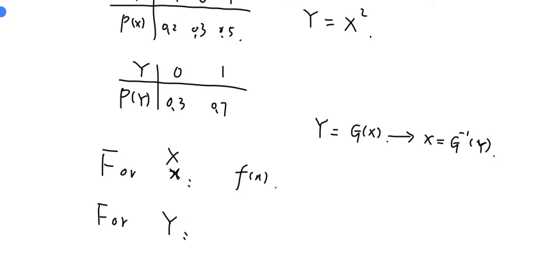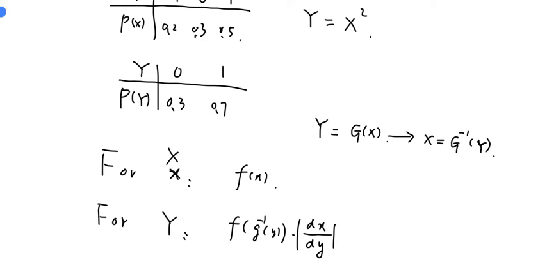So the density function for Y is just this, replacing X by Y, f_X(g^-1(y)). But don't forget, we need to multiply by dx over dy. Sometimes we put the absolute value.